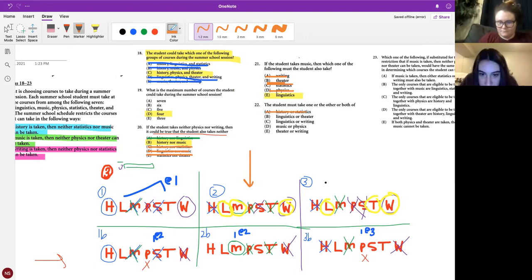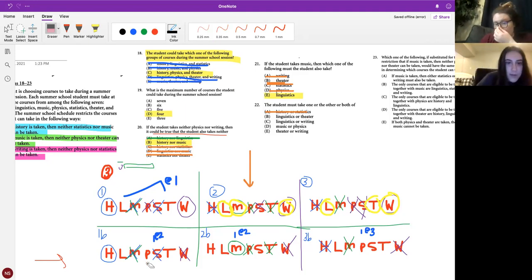Linguistics or theater. It's the one or the other. It could be. Because it's either they do or they take one or the other. Because they only do in World 3A. Yeah, we can't cross them both off there.